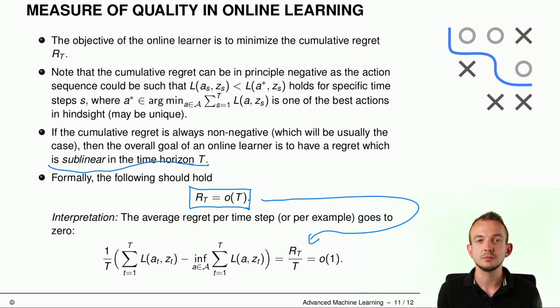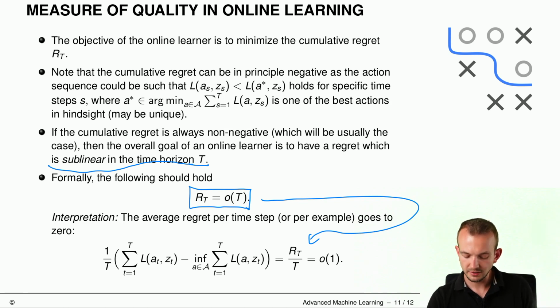If we divide on both sides by the time horizon T, this is telling us that the regret divided by T is o of 1. So it's a sequence which is going to 0 if T goes to infinity, if the time horizon goes to infinity.